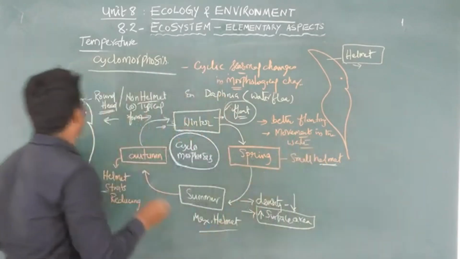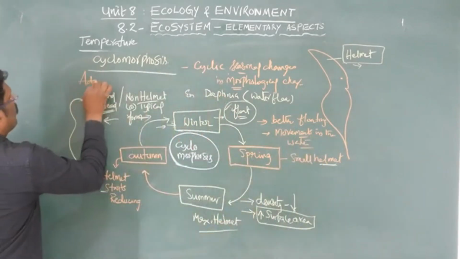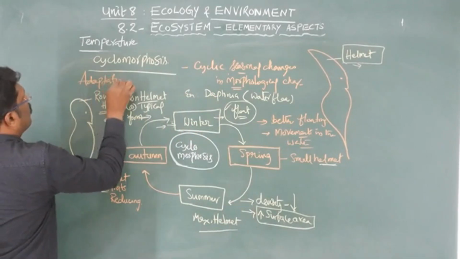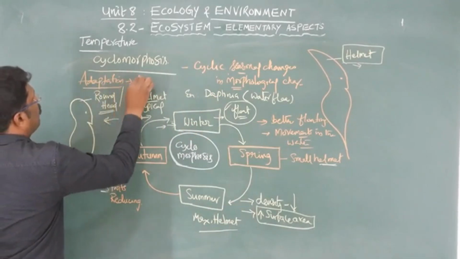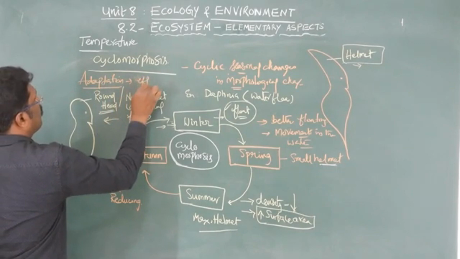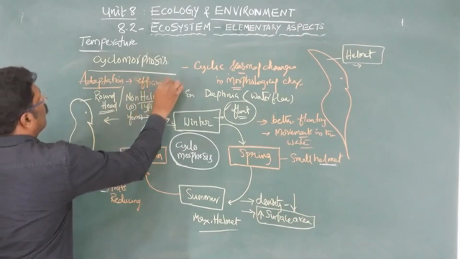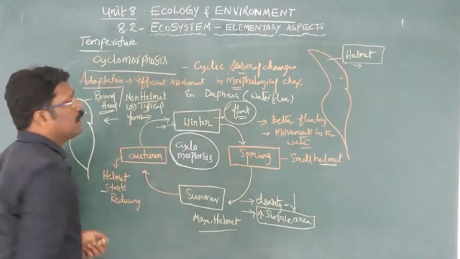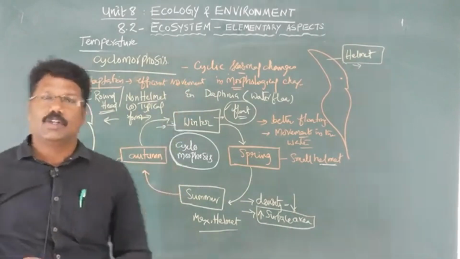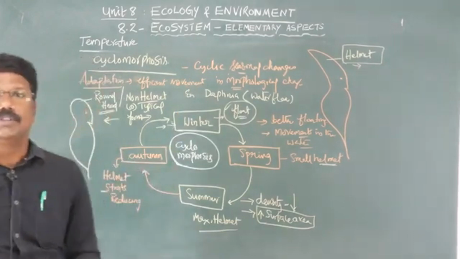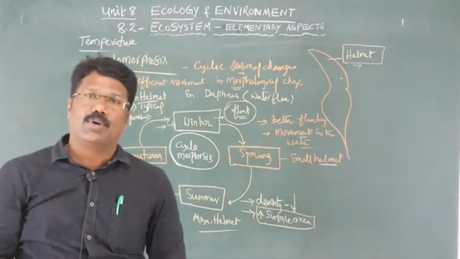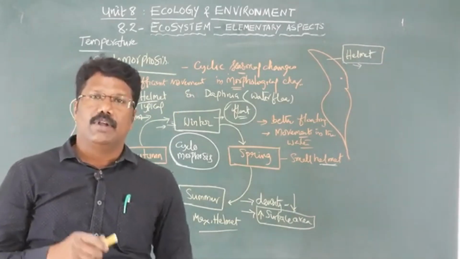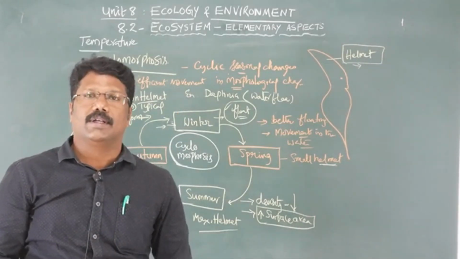So this is an adaptation for efficient movement, or you can say the efficient management of the water currents. So these are some important aspects of the influence of temperature on the organism.